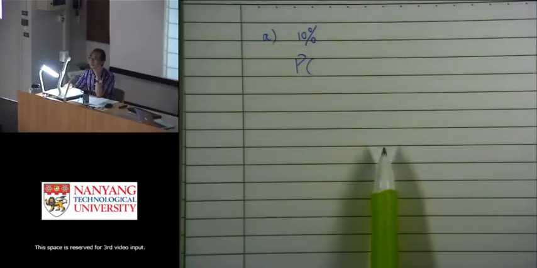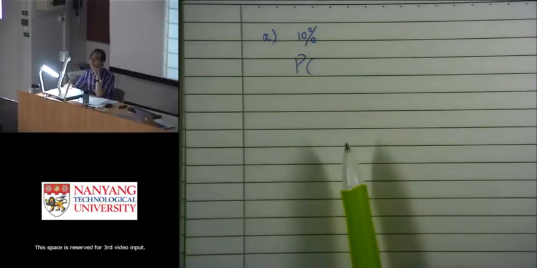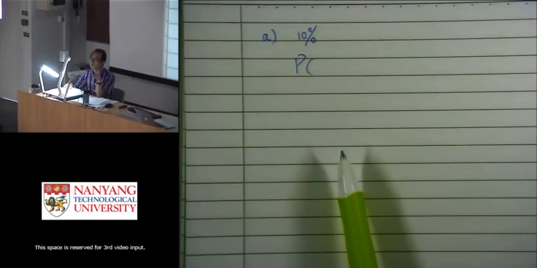If I take the second component out, what's the probability that the second one is defective? Same. Third one, same. So for each trial, it's either defective or non-defective. This is a binary trial. Each trial is independent of the others, and for all the trials, they have the same success probability, 0.1.